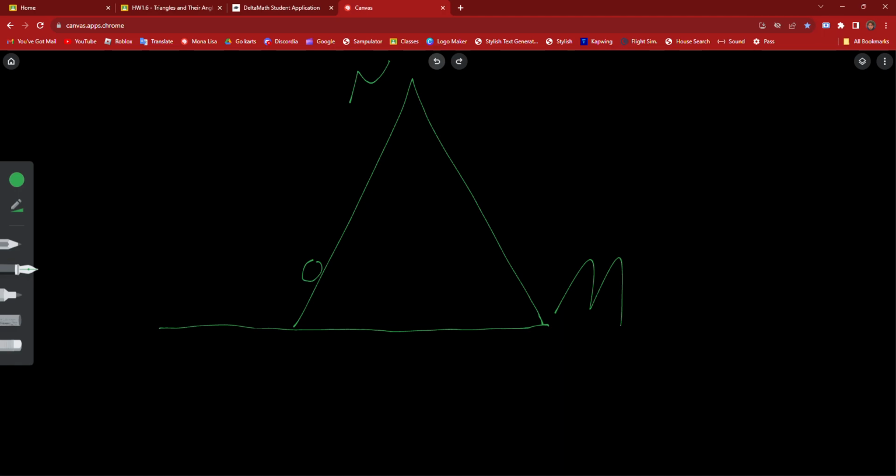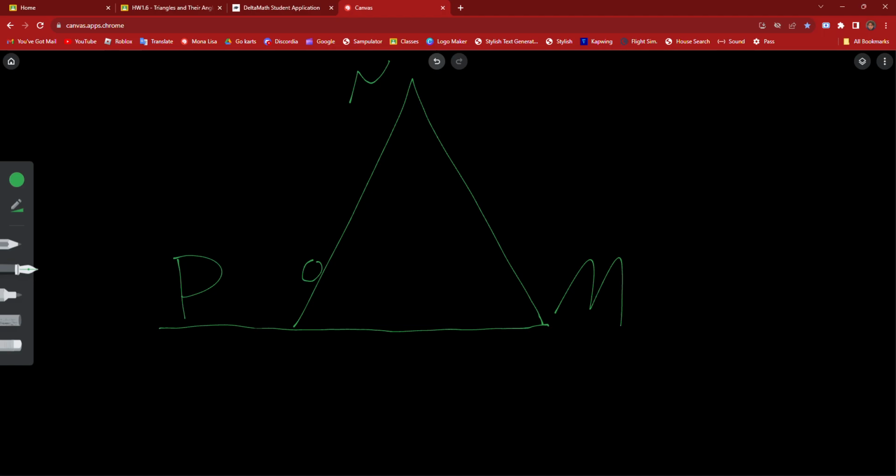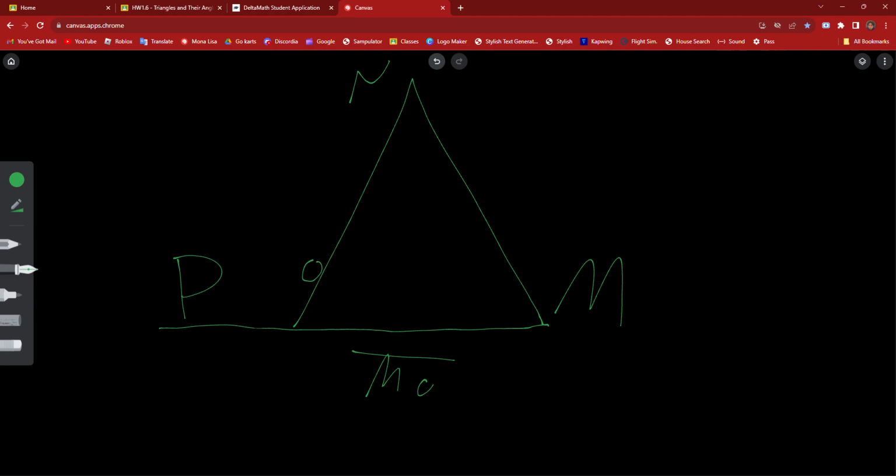That is actually going to be P. Because, you'll see why. So this is basically the line MO, okay? And it's going to extend through points O and P. So that's why it's known as that.